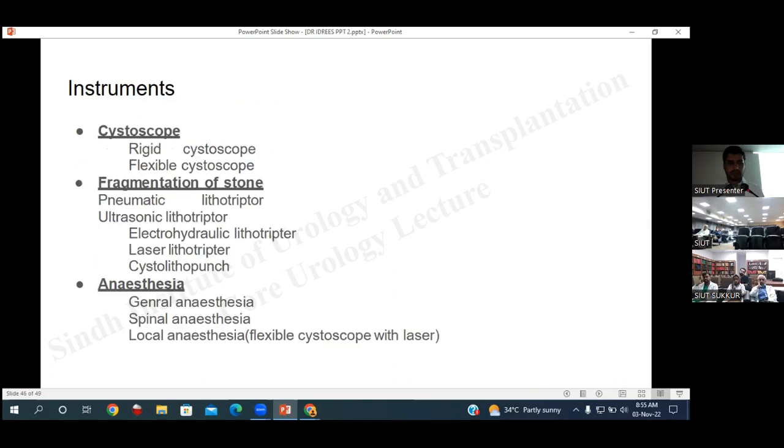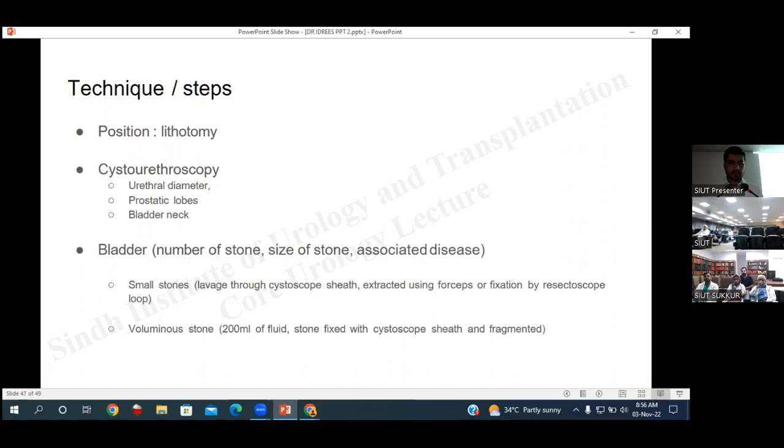The instruments used in cystolitholapaxy are the rigid cystoscope and flexible cystoscope. Fragmentation is done by pneumatic, ultrasonic, electrohydraulic, and laser lithotripters, and the cystolitho punch is also used. General anesthesia, spinal anesthesia, and local anesthesia are used, with local in the flexible cystoscope with laser. Now the techniques or steps in cystolitholapaxy. The patient is placed in the lithotomy position.